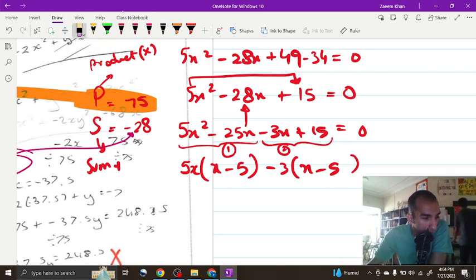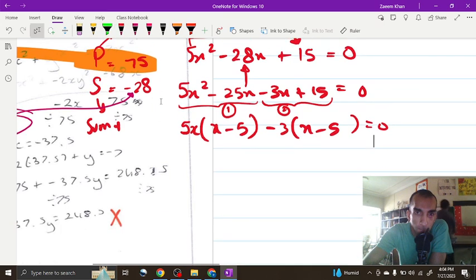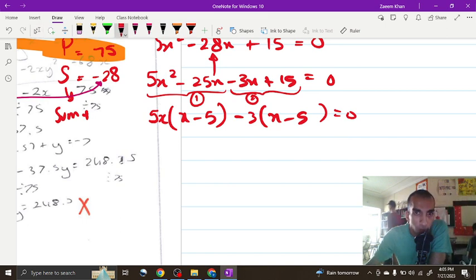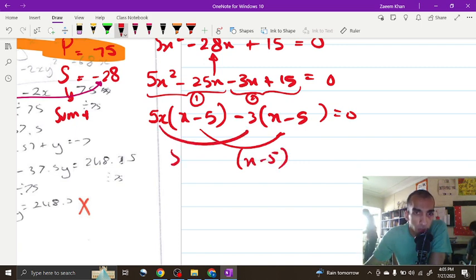What do we do now? You have to expand the bracket there. We just combine those brackets which are repeating and write them once, and we combine the other two numbers and write them once.